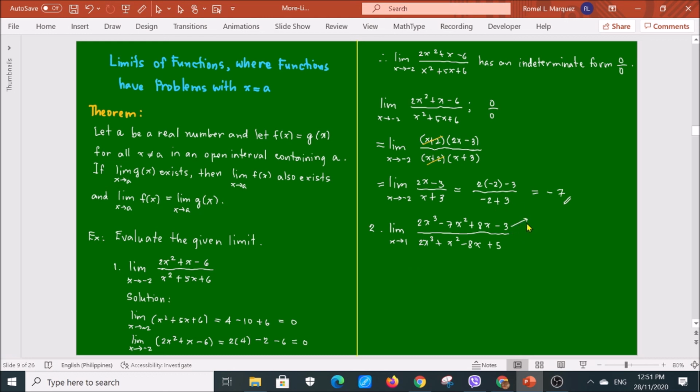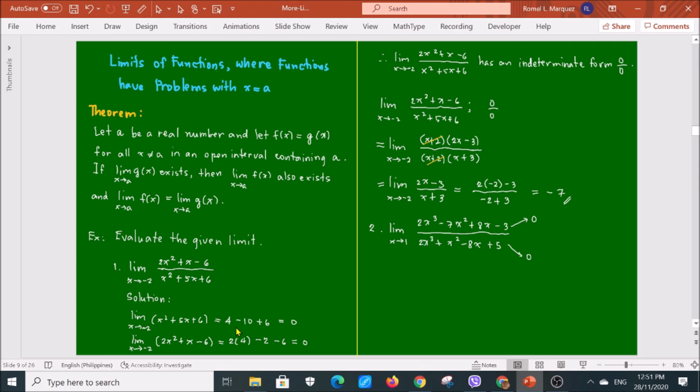The denominator goes to 0, right? 2 times 1 plus 1, minus 8 plus 5. So that is 0. The numerator, I think, is 0 also. 2 times 1 minus 7 plus 8 minus 3.